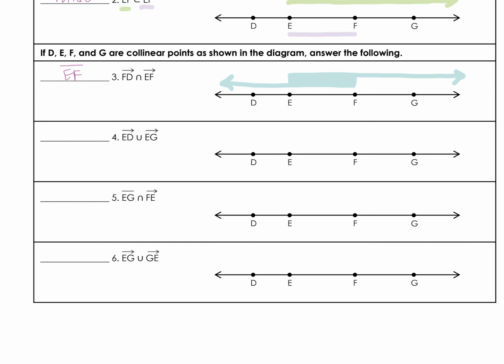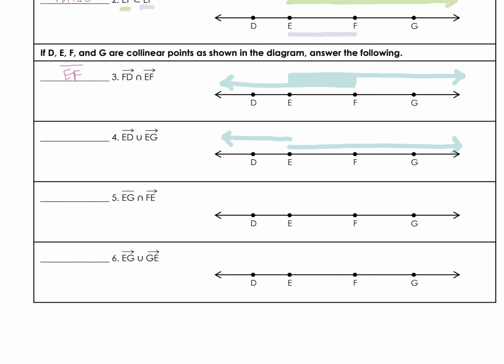Remember, union is we want to name something that will include everything that I just outlined with those two rays. In order to include everything, we will just be naming a line, because it's going to actually be opposite rays here. And remember, opposite rays are just going to be that line.